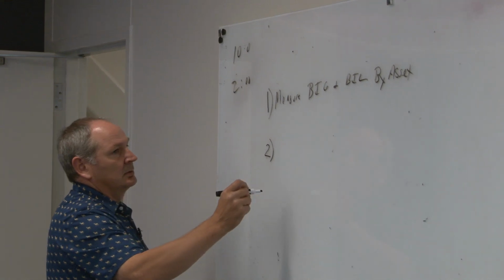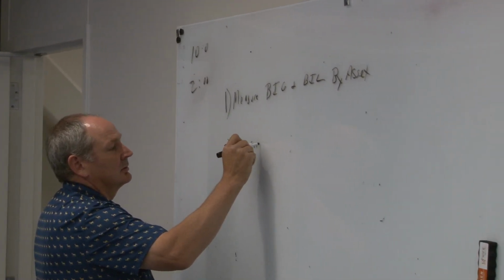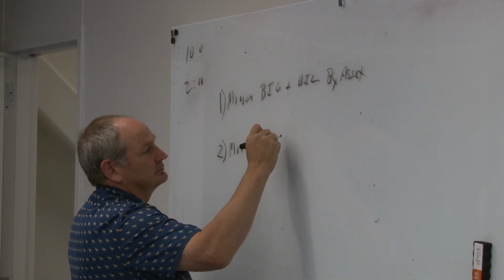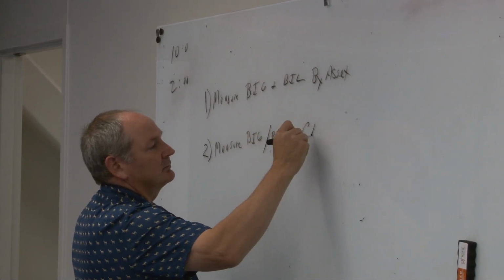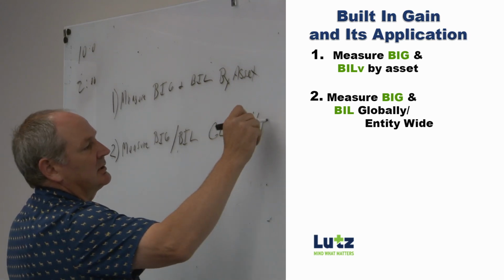Rule 2: measure built-in gain / built-in loss globally / entity-wide.